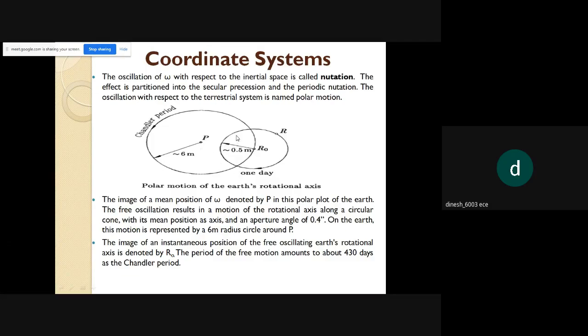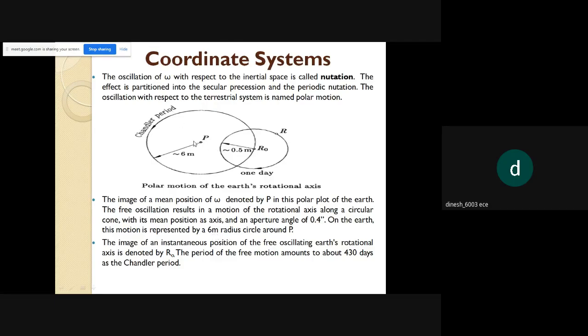The mean position is the axis, and an aperture angle of 0.4 degrees is present. This always has to be considered. On the earth, the motion is represented by a circle of 6 meters radius along P, so we can have a maximum oscillation of up to 6 meters radius.